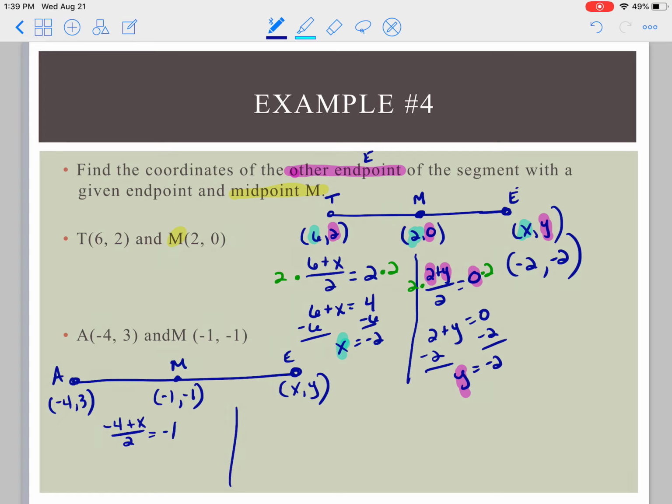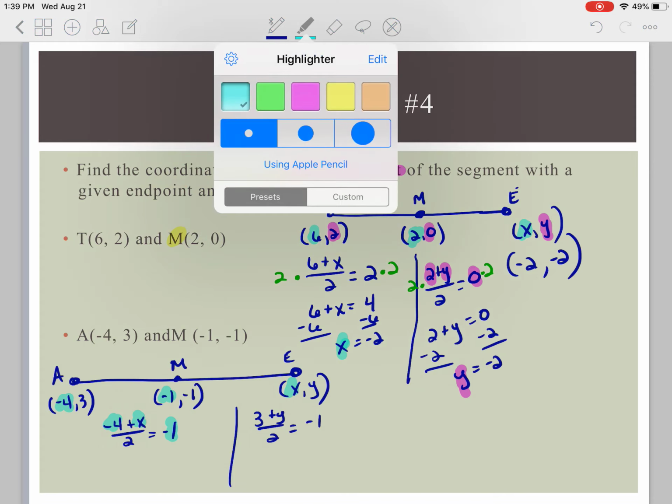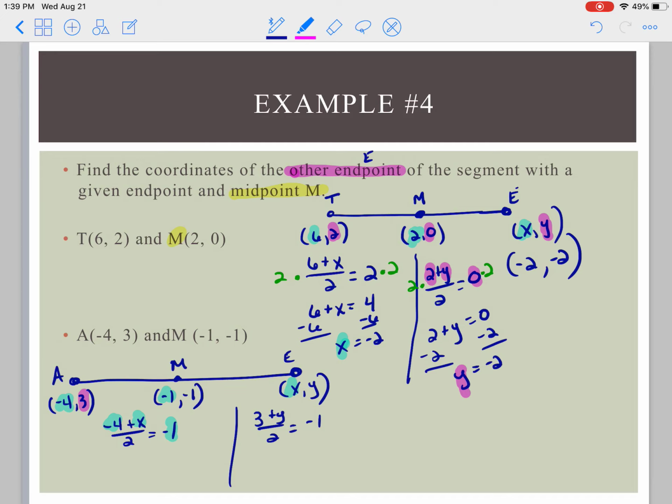That's my X coordinate. And I know that 3 plus Y, divided by 2, should equal -1. So here is the X, and Y.